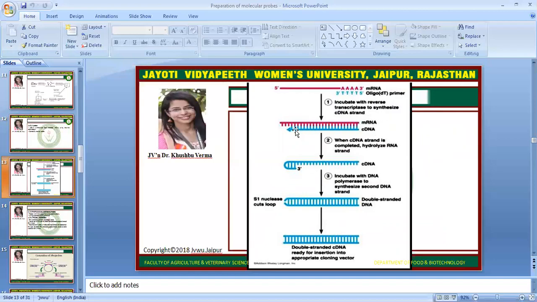When the cDNA strand is completed, the hybridized RNA strand is removed, and the cDNA is incubated with DNA polymerase to synthesize the second DNA strand. Now S1 nuclease cuts this loop from here, and this is the double-stranded cDNA ready for insertion into an appropriate cloning vector.